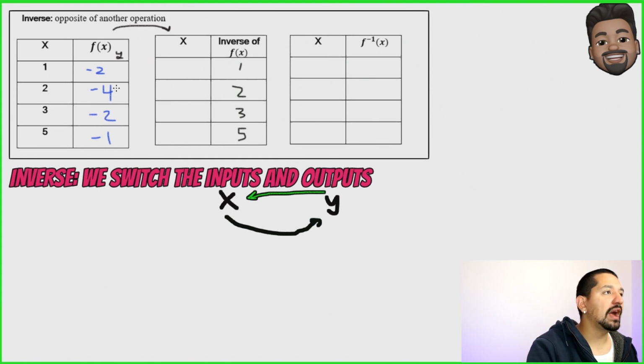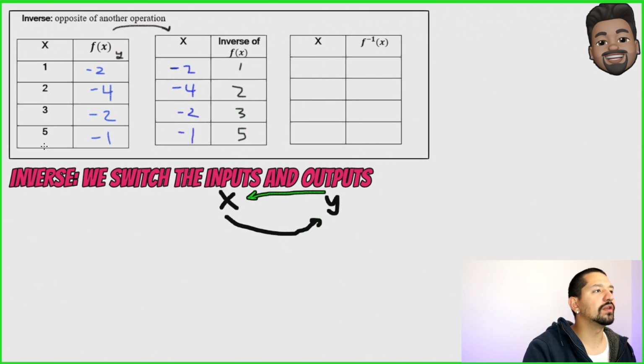Now these y values, these outputs, what do you think they become? You got it right. They're now going to become my inputs. So they have to match up. I wanted to make it color coded. This is going to be -2, -4, -2, and -1. So if you notice, all we did is we switched the x and the y's. That's how you find the inverse of a table.